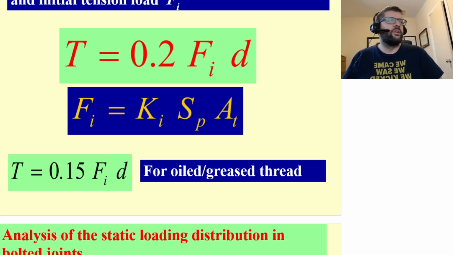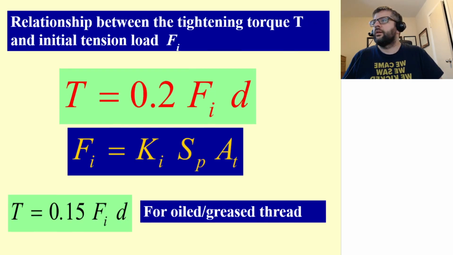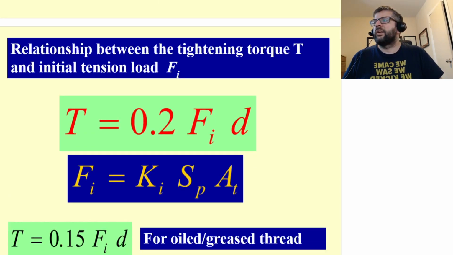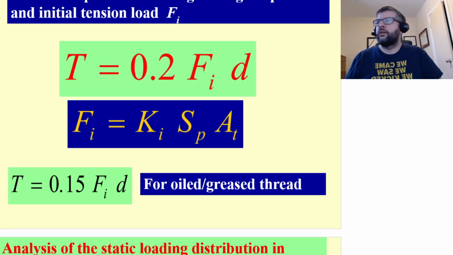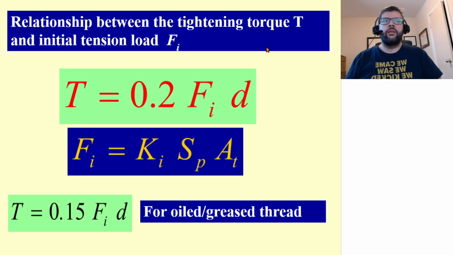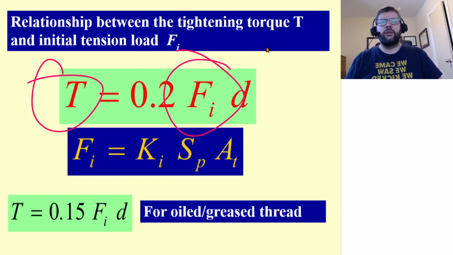In general, the torque that you apply can be used to estimate the initial tightening based upon this relationship. So you can solve for the initial tension if you apply a certain amount of torque.